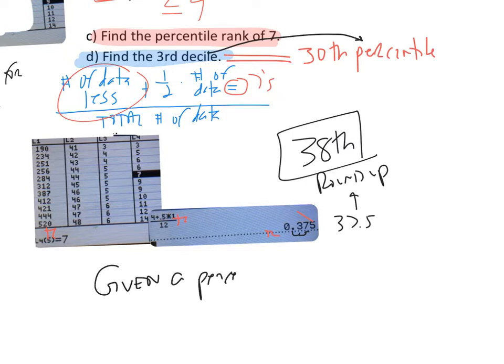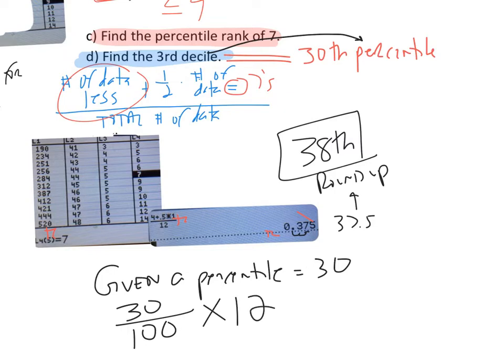We're given 30. So here what we're going to do is take the percentile, 30, divide it by 100 to convert it into a sort of percentage, and then multiply it by n, the number of numbers, which is 12. So do this on your calculator and take a picture of the computation. The percentile over 100 times your n, the number of data values.